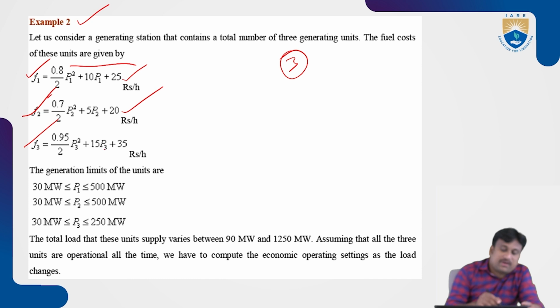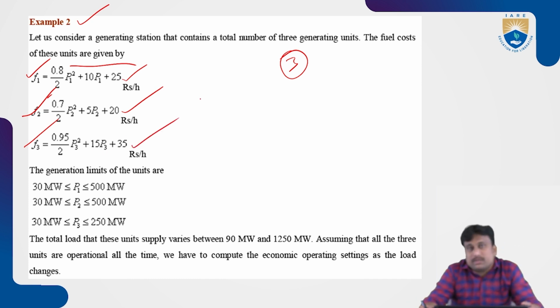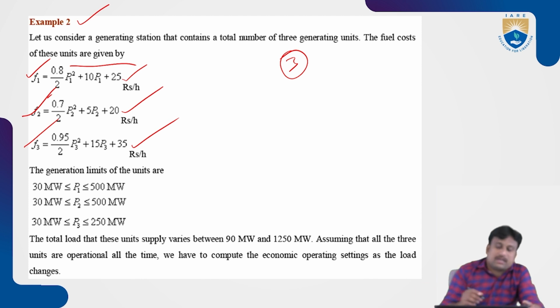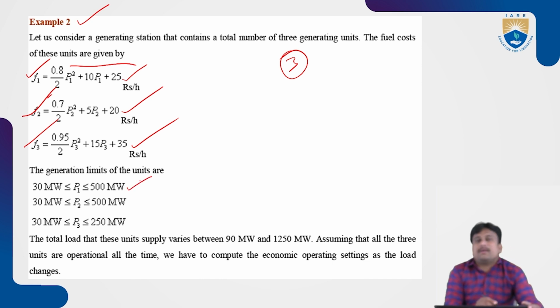F3 is 0.95 by 2 P3 square plus 15 P3 plus 35 rupees per hour. The generation limits of the units are 30 megawatts less than or equal to P1 less than or equal to 500 megawatts, 30 megawatts less than or equal to P2 less than or equal to 500 megawatts, and 30 megawatts less than or equal to P3 less than or equal to 250 megawatts.